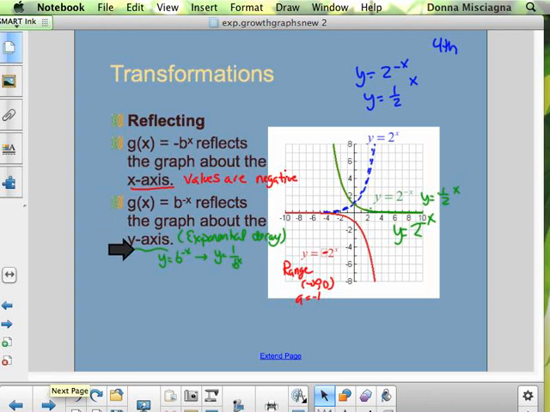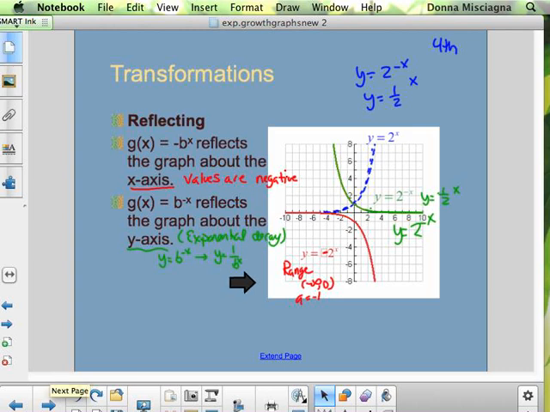So we could simplify y equals b to the negative x and just make it y equals 1 over b to the x. Right? And then you don't have to worry about a reflection. It's probably easiest to just simplify negatives on the exponent to make the base the reciprocal.